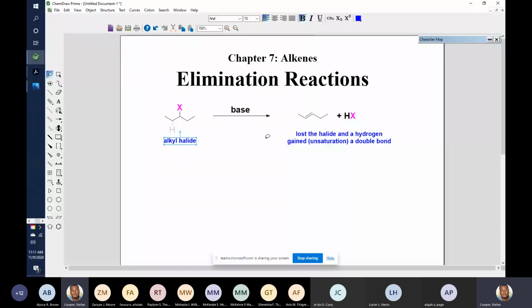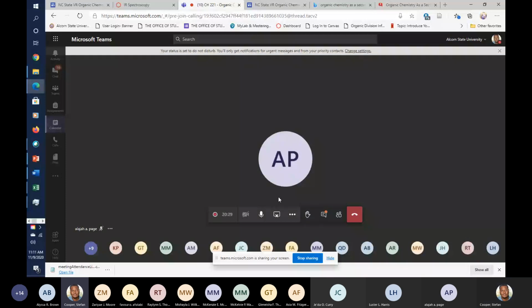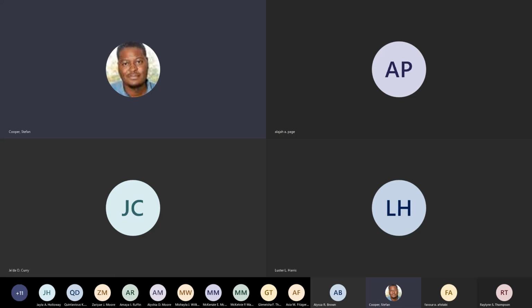Okay, it's not going to be perfect. Okay, I'm going to reshare my screen here. I'm going to make sure I project the right screen.